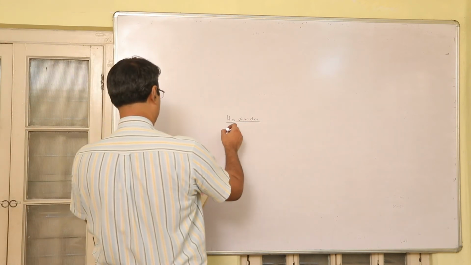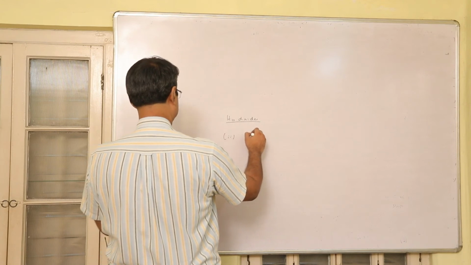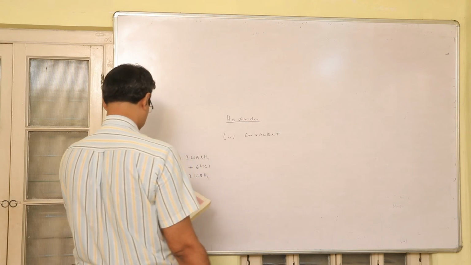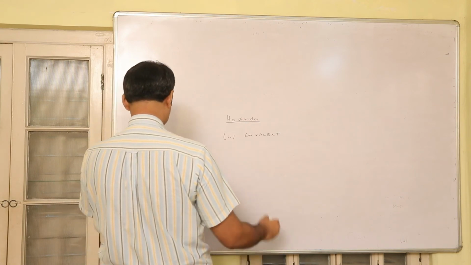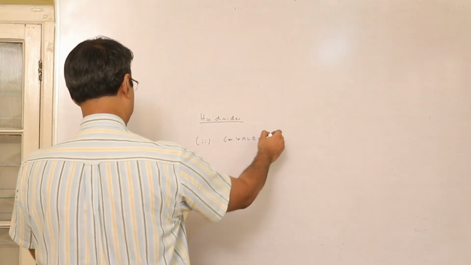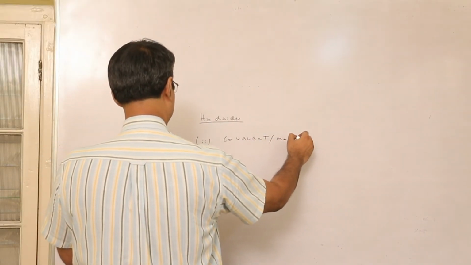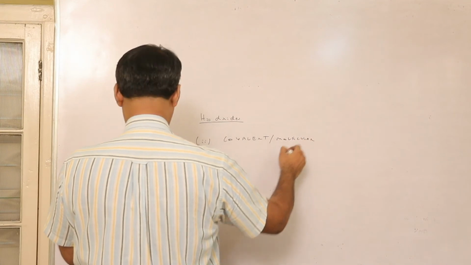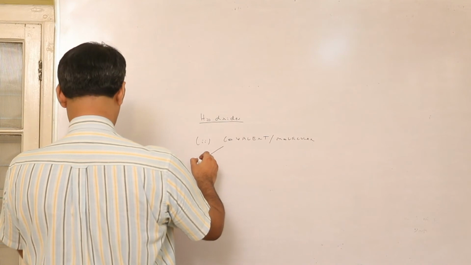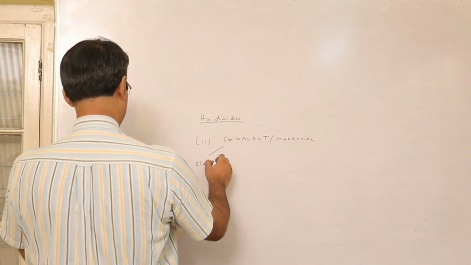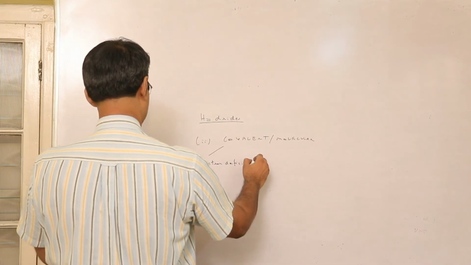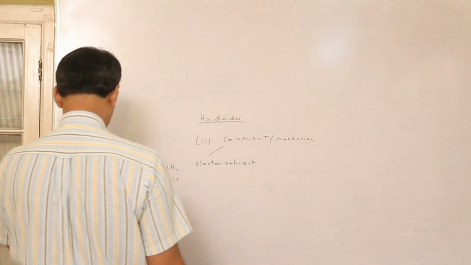Next we come to covalent hydrides. Now, covalent hydrides are also called molecular hydrides. Now, they can be divided into three categories. The first one is called electron deficient hydride.